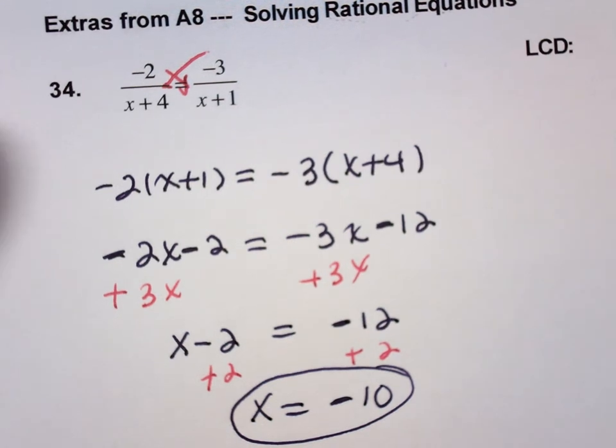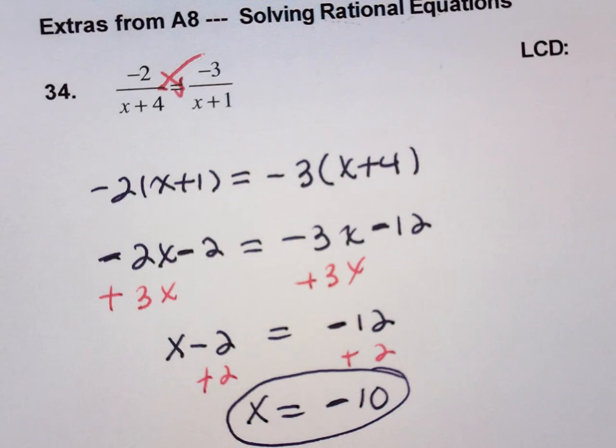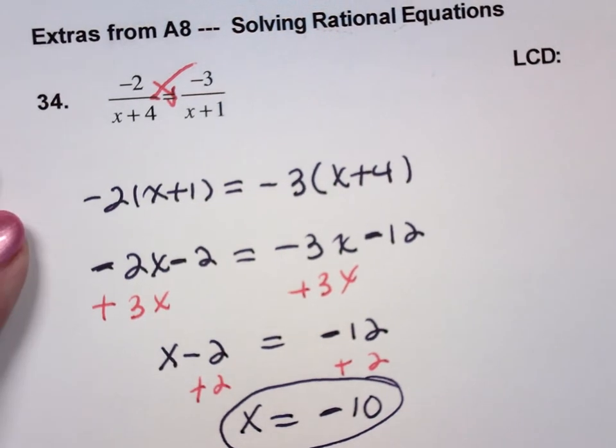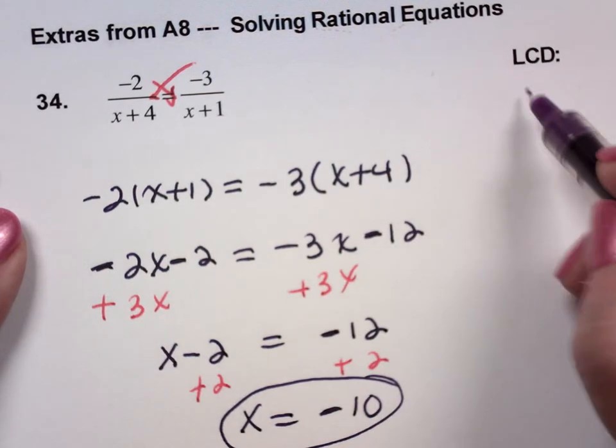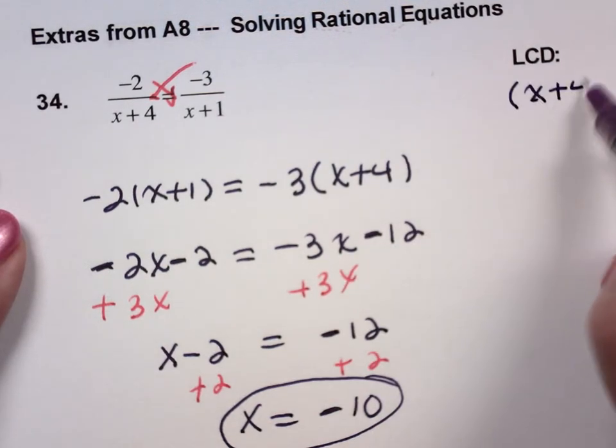Now, it would work the same way if you would choose to multiply both sides by the common denominator. And if you look at what the LCD is, it's just the product of those two denominators.